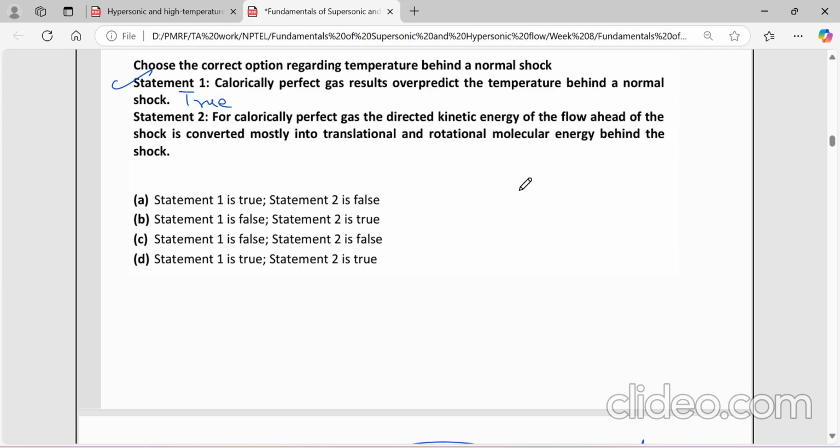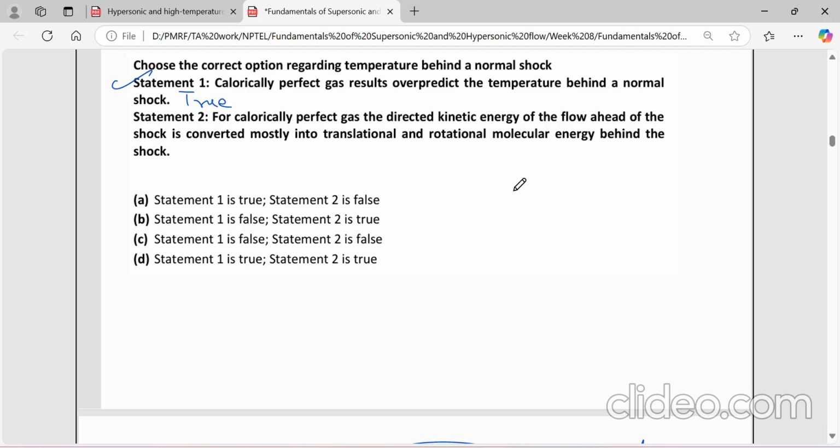So the vibrational mode and electronic mode can also be excited, and there can be dissociation and ionization of the gas, which requires energy. Due to this, some of the energy is absorbed by modes other than translational and rotational. And as we already know, temperature is mainly given by the translational mode of energy.